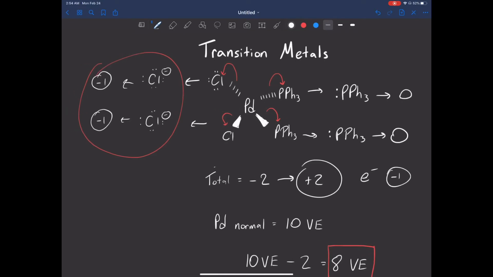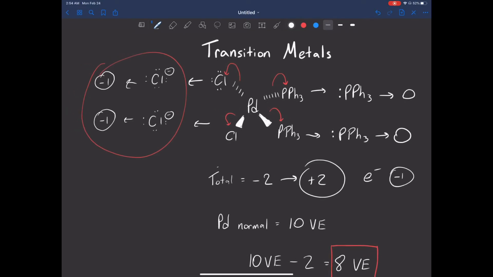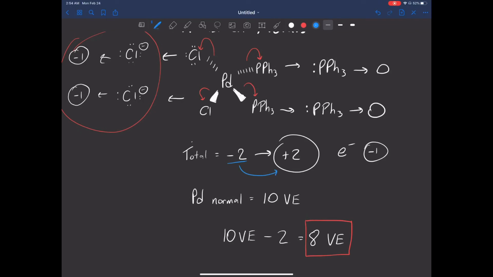When you have negatively charged ligands, they will contribute electrons and they can change the oxidation state. In this case, we have 2 chlorines. Each of them has a -1 charge, meaning a total of -2. The oxidation state is the positive version of that number. So like we said here, we went from -2 and we just changed it to +2.